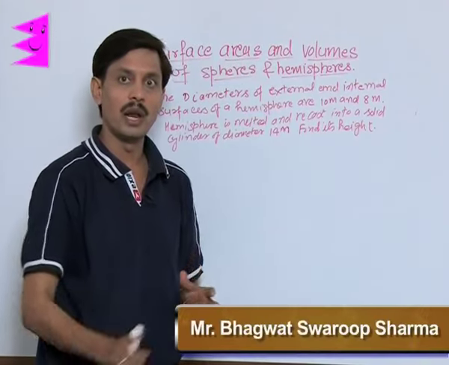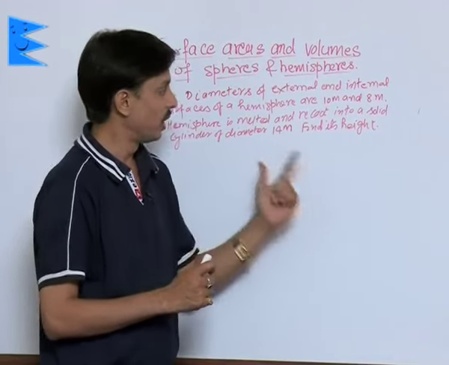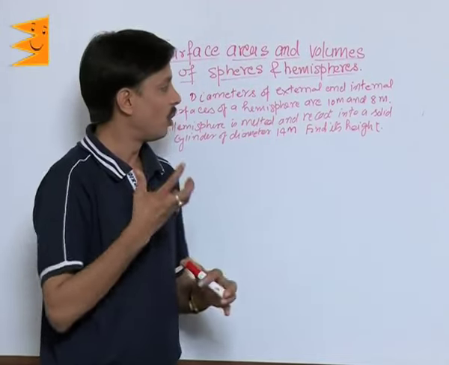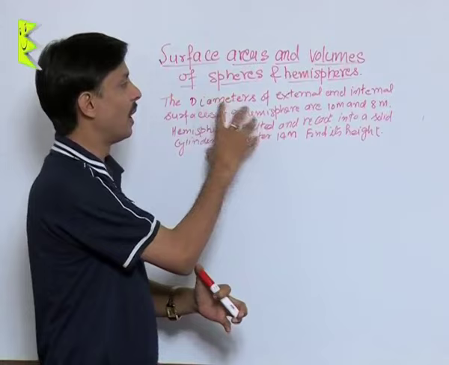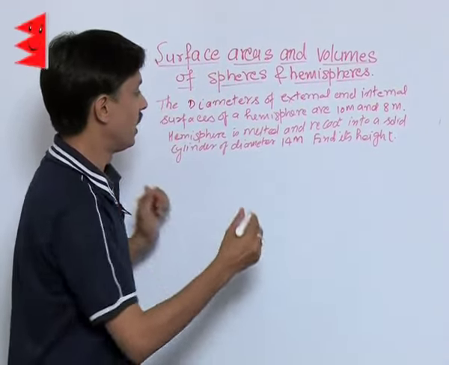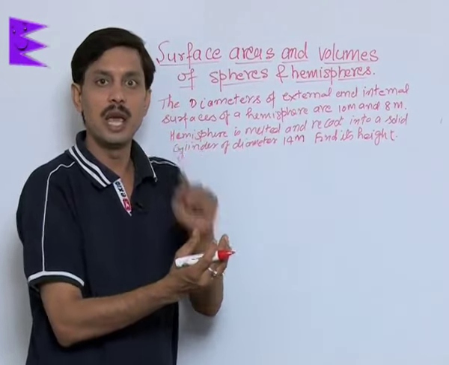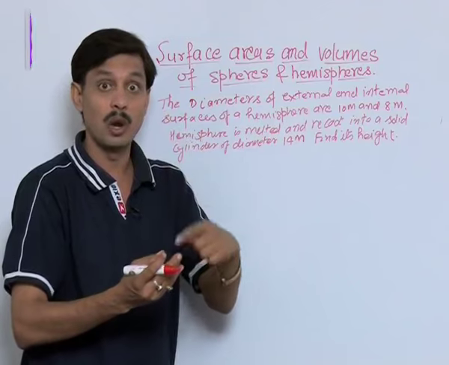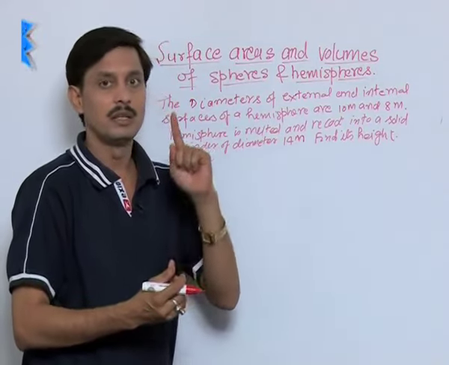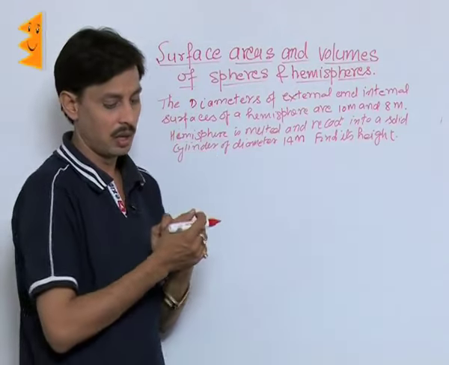We need to calculate the height of the cylinder if it is obtained only from the volume of what? So obtained by melting this hollow hemisphere. We can say the volume of the hollow hemisphere is the same as the volume of the solid cylinder so obtained. What is required? The height of the solid cylinder so obtained is required.